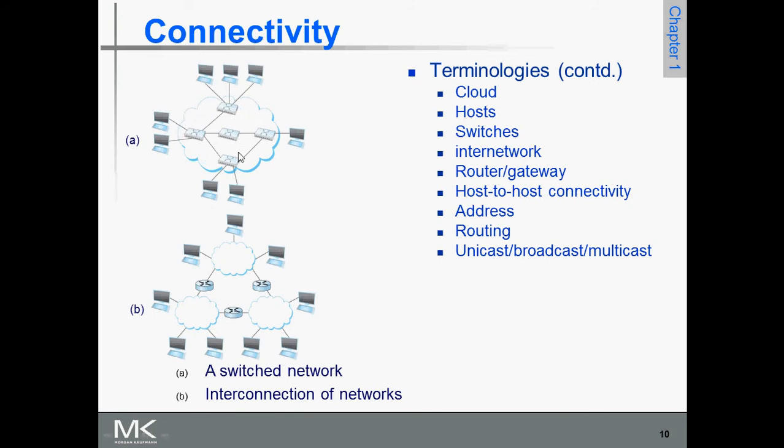In this cloud, the internal operation of the network is actually hidden, and these are the nodes that form or implement the network, completely hidden using the cloud. And outside the cloud we have a lot of nodes that use this network. In simple words, we can say a cloud is an abstraction of a network, that is, we are hiding the implementation details of the network from the end user. So that is called a cloud.